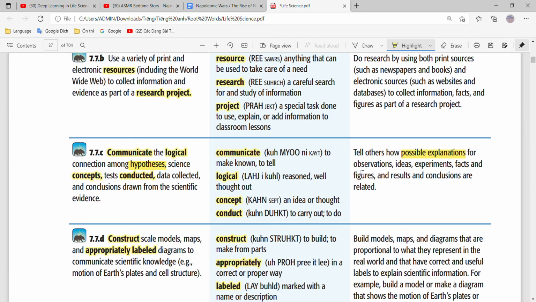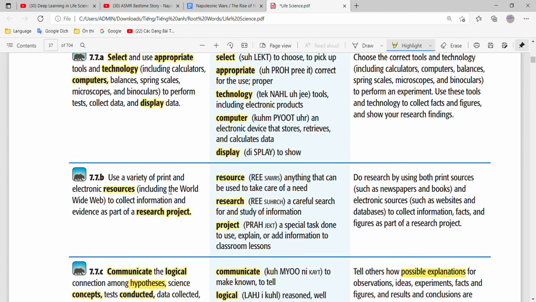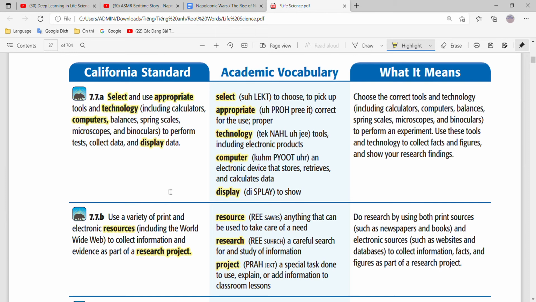Like after you are using print and electronic resources, you tell others the logical connection between all the things that you have collected. Yes.